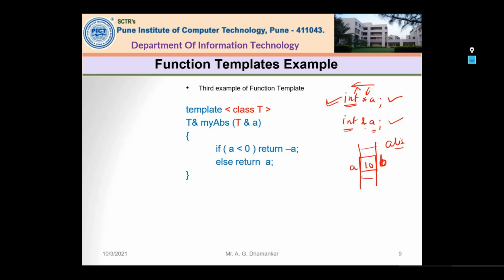It is well known that the same location has the name A as well as the name B as well as the name C, and suppose somebody does B++, then definitely A is also updated to 11, and C is also updated to 11 automatically.